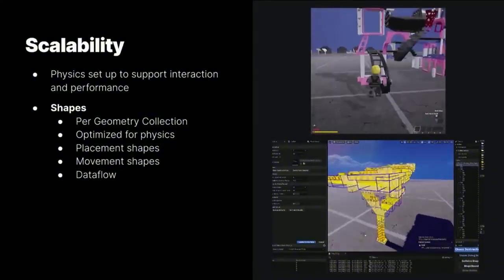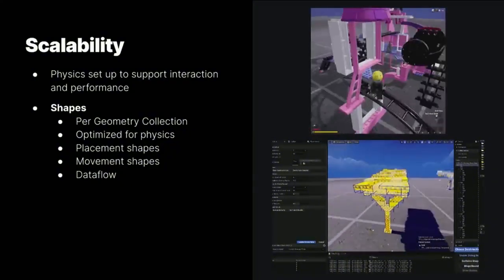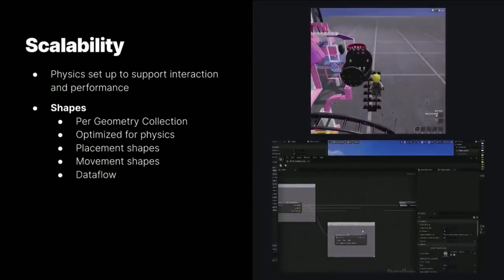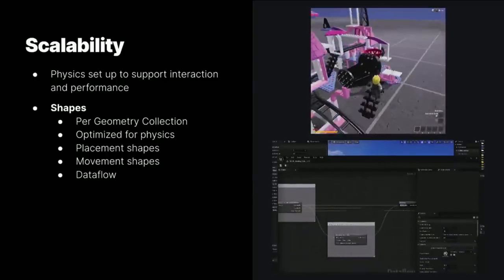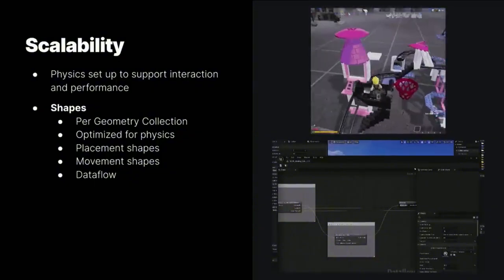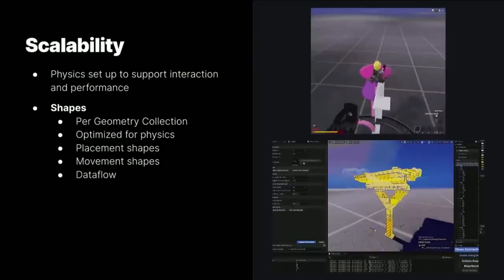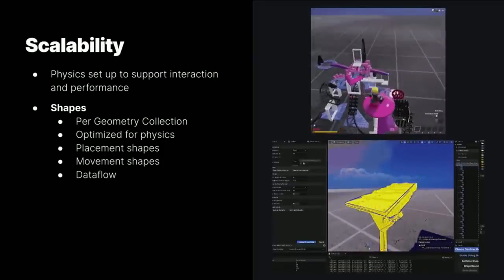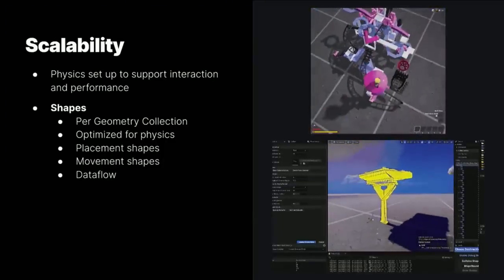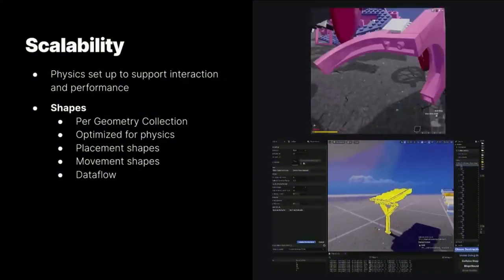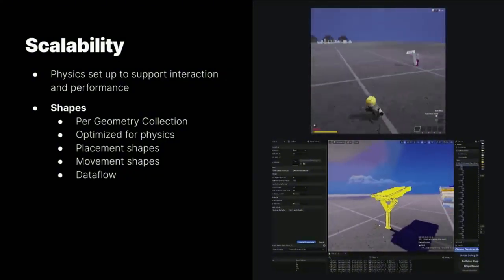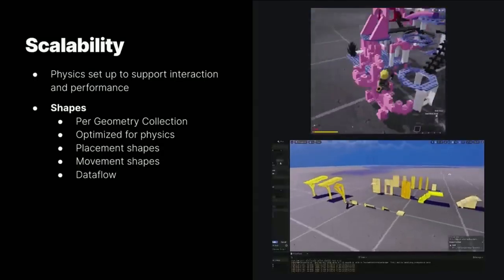However, it's not quite as simple as saying, let's just throw a box around everything, because that has knock-on effects everywhere. The example on the top here shows a bit of an extreme case of the type of behavior that we want to support. We have a lot of thin railings and large openings that we want characters to be able to navigate through. We also want to be able to build effectively on each of these pieces.